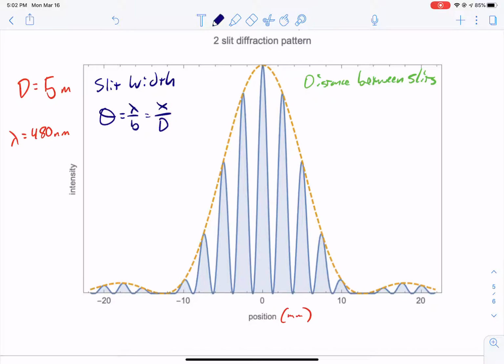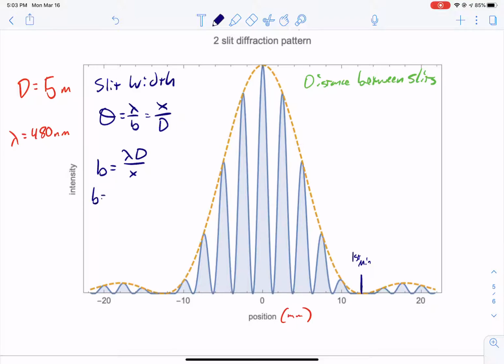This is our first minimum right here. And if I look at the graph, it looks like that's going to be about 12.5 millimeters. So rearranging to solve for b, b equals lambda D over x.